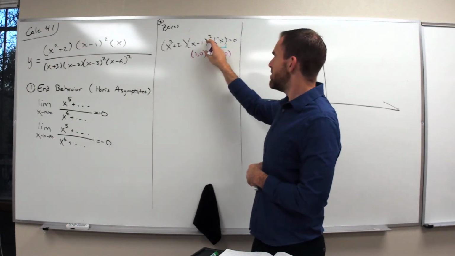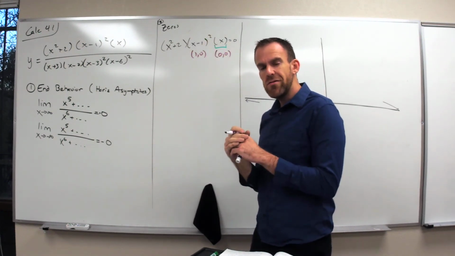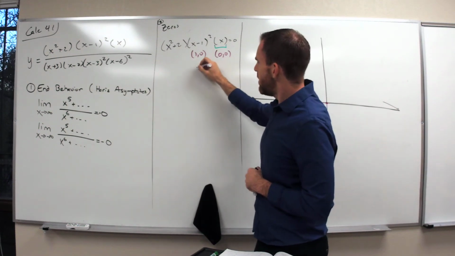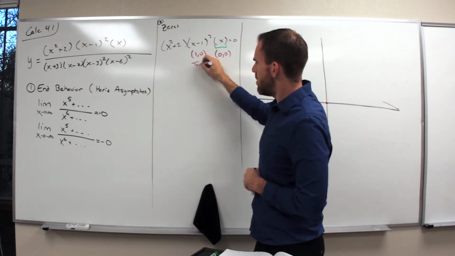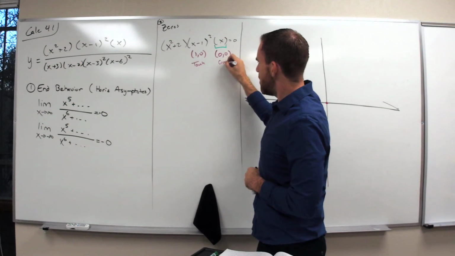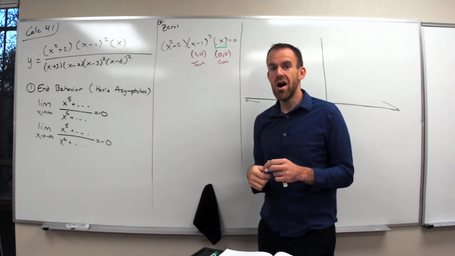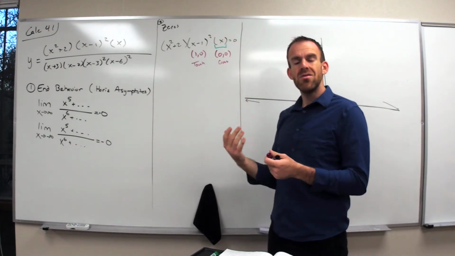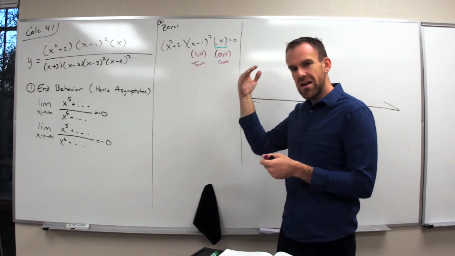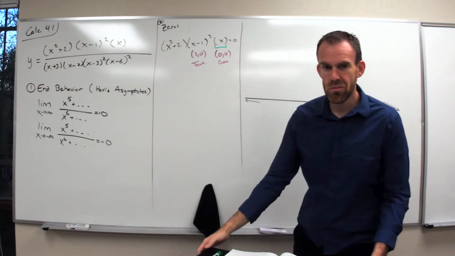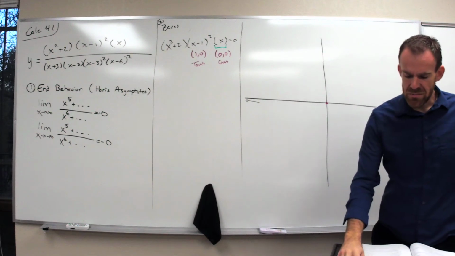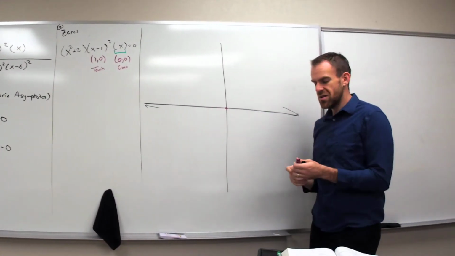But notice that it's to an even power. So if you have a 0 to an even power, that's a touching 0, as opposed to zeros that are to an odd power that cross. What does that mean? Well, instead of going across the x-axis that we're normally familiar with, it's merely going to touch the x-axis.